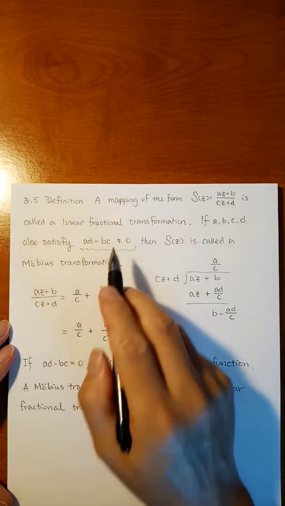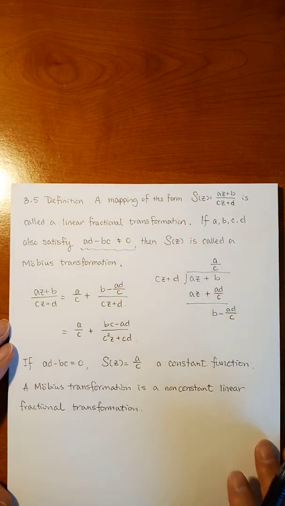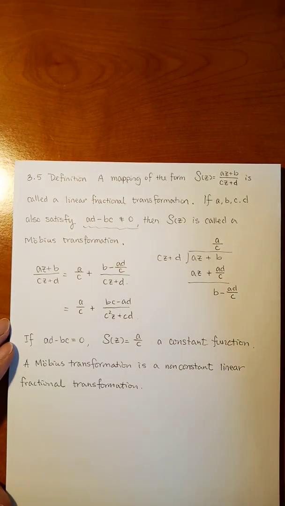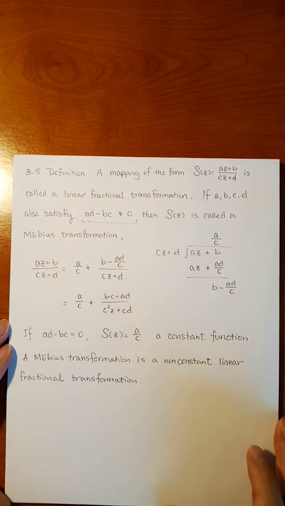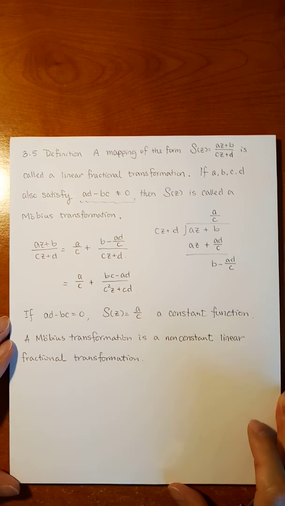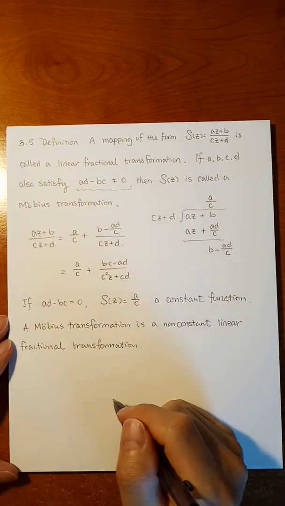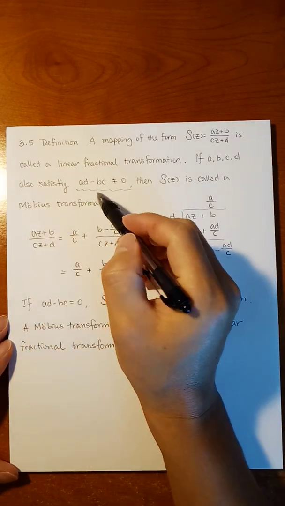So this condition just tells us this mapping is not a constant map. Okay. Second, that's an explanation of why we have such a requirement.